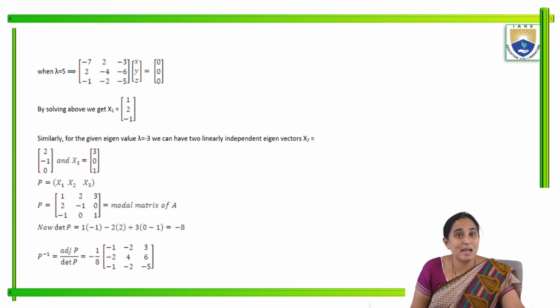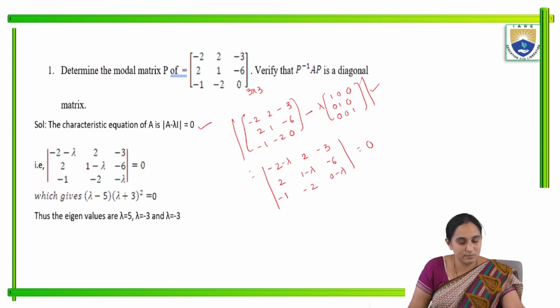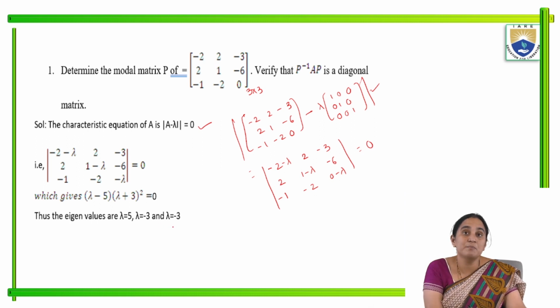Lambda equal to 5 is a distinct eigenvalue, and -3 and -3 are the repeated eigenvalues. One is distinct and the other two are similar eigenvalues.